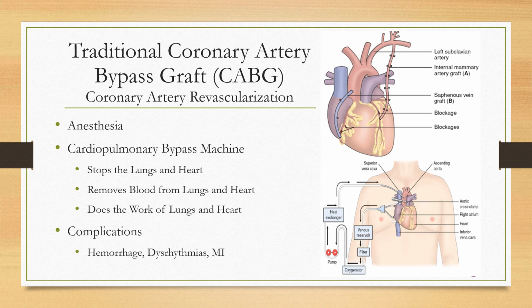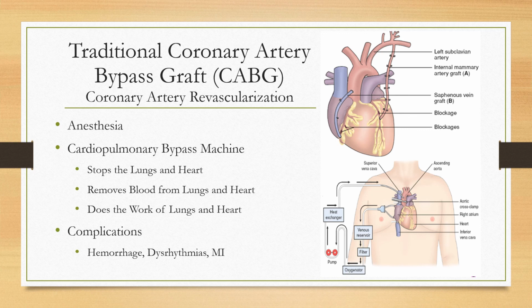The cardiopulmonary bypass machine, by the way, I'm sure you know that you're not awake for this, right? Because they've cut through your chest, your sternum, they've cut right through the bone, they've split open the chest, they've used a rib spreader to move everything out of the way, so they have full exposure of the heart, right? So the cardiopulmonary bypass machine stops the lungs and heart, okay? So that's great, because now the heart can be operated on, and it's not continually pumping.